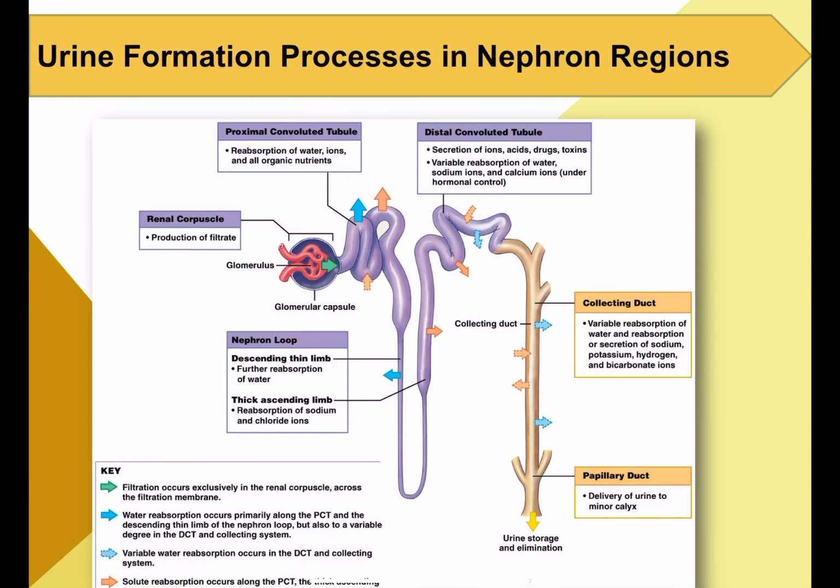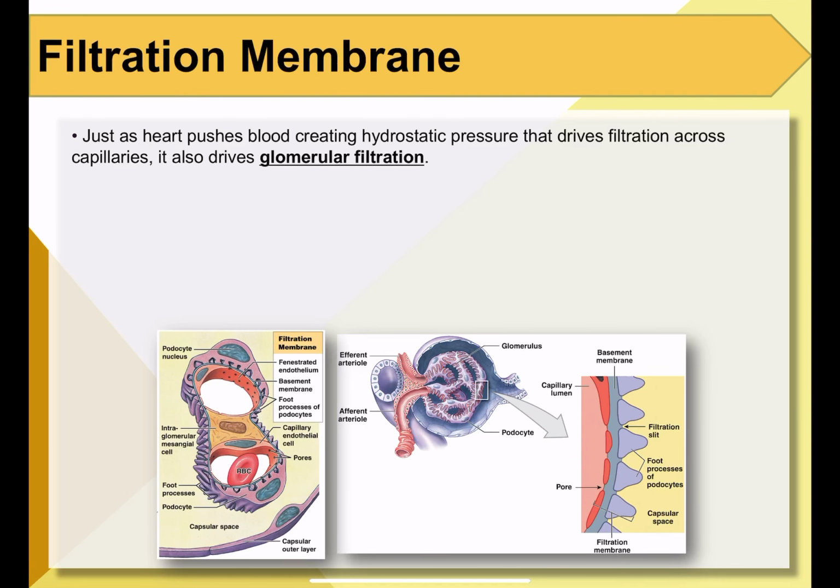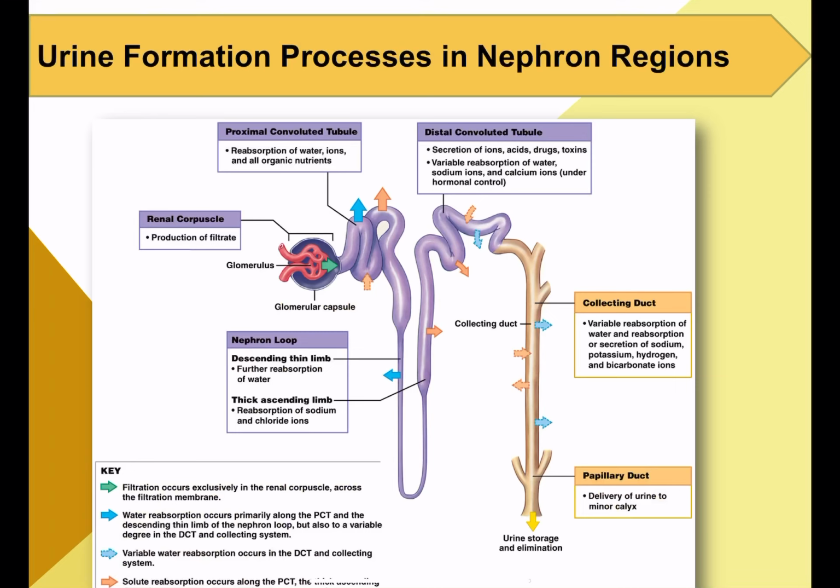Okay, so this is a good summary image as we continue on with part 2 of our chapter 26. So this shows you different parts of the nephron and their major functions as a good overall summary. Okay, so here's your renal corpuscle.